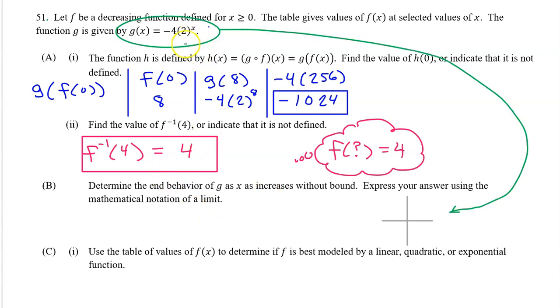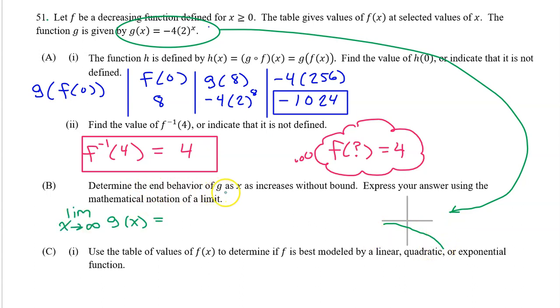Let's make a little sketch of g to help us answer this question. We see that the a value is negative. That means that the exponential curve will be below the x-axis. We then see that the b value is bigger than 1. That means as we move from left to right, the curve will be getting farther away from the x-axis, farther away from 0.